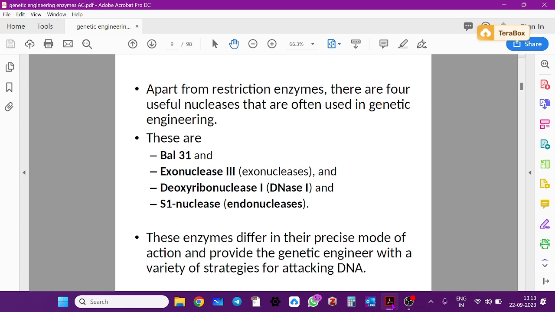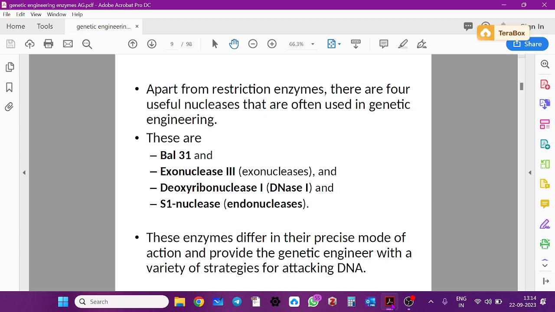BAL31, it's a nuclease. You have exonuclease 3. Then you have deoxyribonuclease, very famously used, known as DNase. Anywhere you want to remove DNA from any molecule, you use DNase, it's gone.